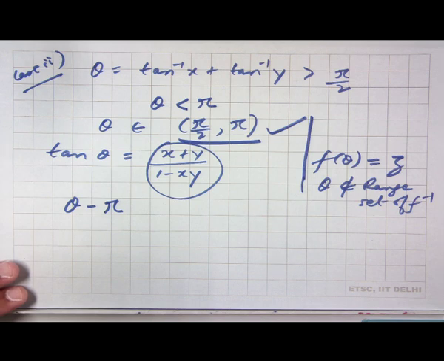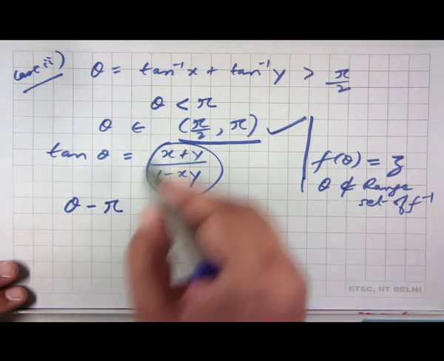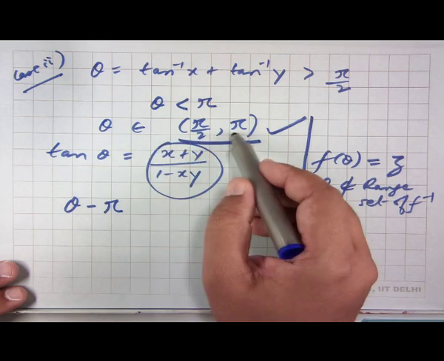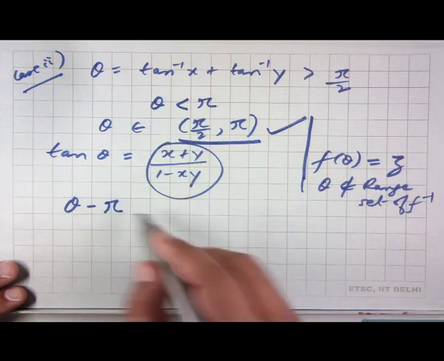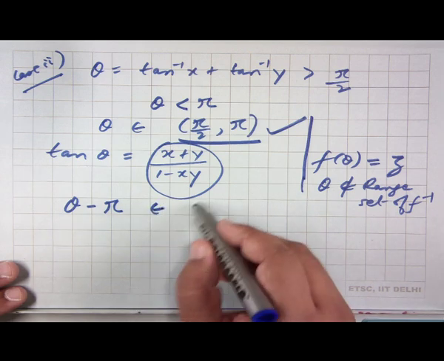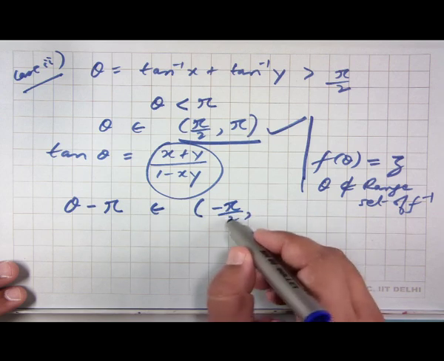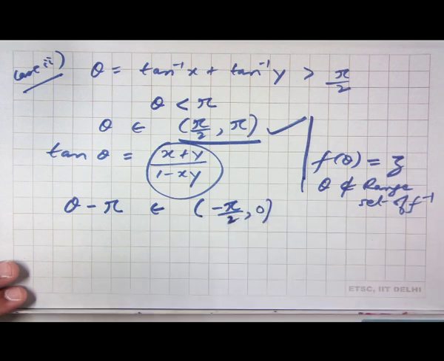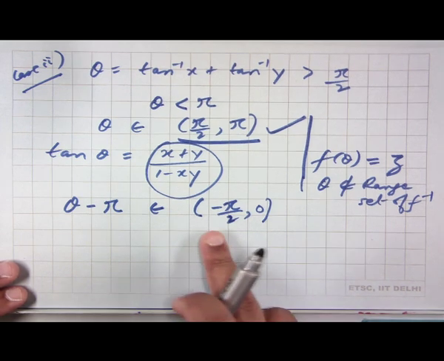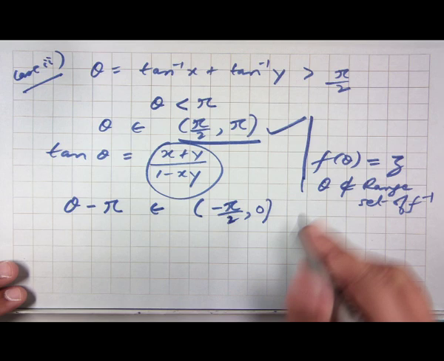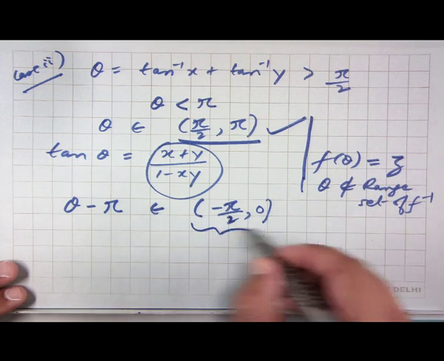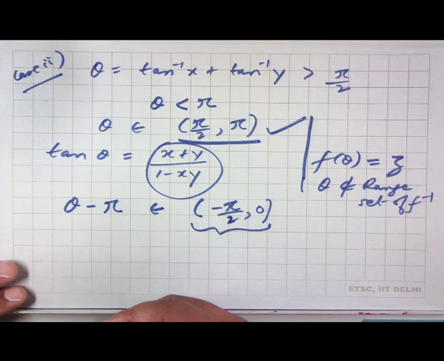If we subtract pi from it, then because theta belongs to pi by 2 to pi, theta minus pi will belong to the interval minus pi by 2 to 0. And what we know is that minus pi by 2 to 0 obviously is a subset of the range set of tan inverse.